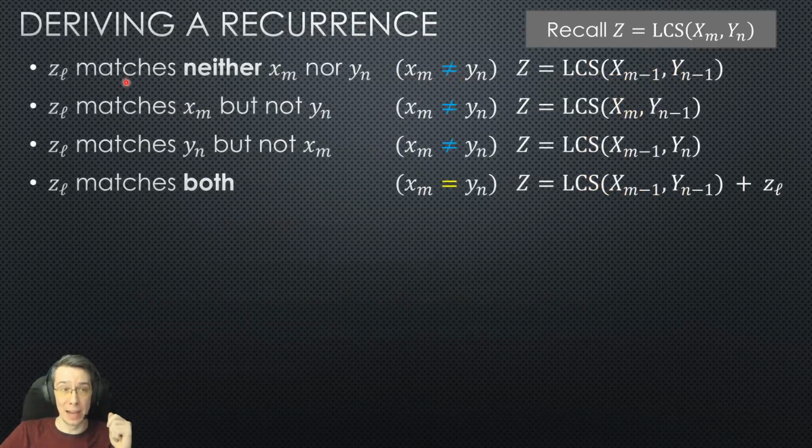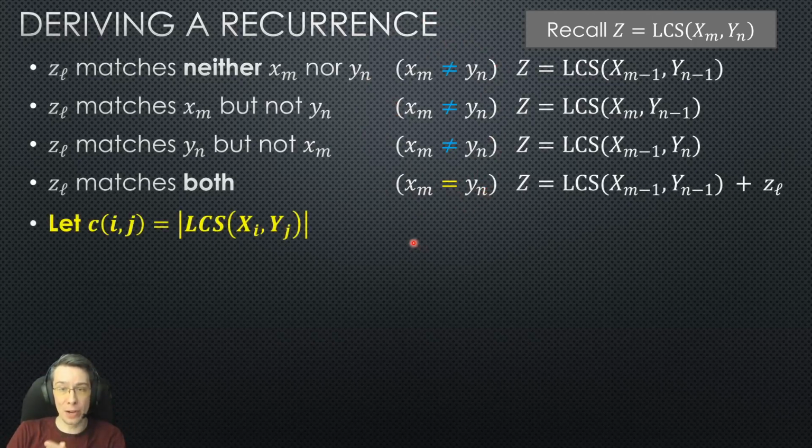Okay, so I've copied the recap from the previous slide, plus I've annotated it with these x_m not equal to y_n and x_m equal to y_n bits here. Let's try to derive a recurrence using these expressions. We had to be a little bit careful because we could only include this last expression in a max if it was valid, if we actually had an x_m that matches y_n.